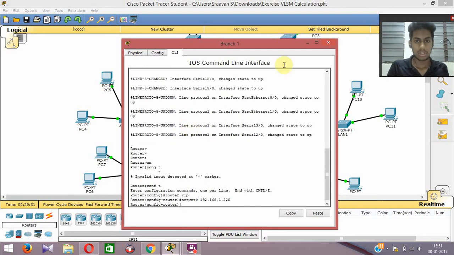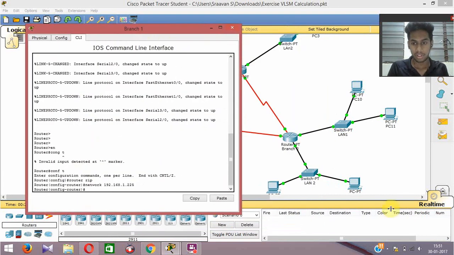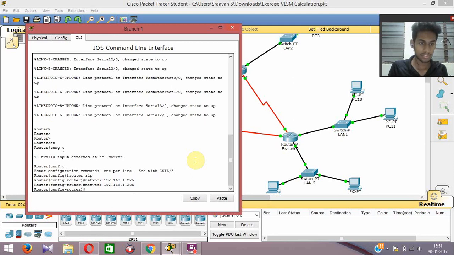Since we have given branch 1 its routing for branch 2 LAN 2, now we need to give in for each and every other network, like this, for every router's LAN networks.